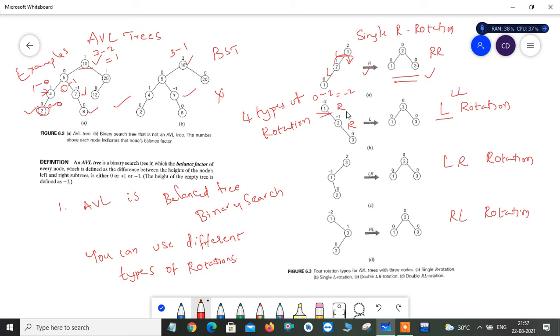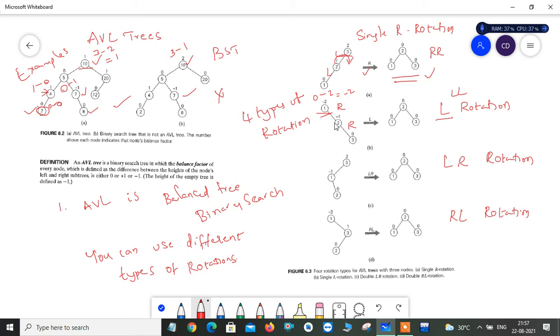Because of what problem? I have the right problem. See here, I have a value inserted on the right side of this node and a value inserted on the right side of this node. So because of this problem my tree is unbalanced. What should I do? I can perform an L rotation.